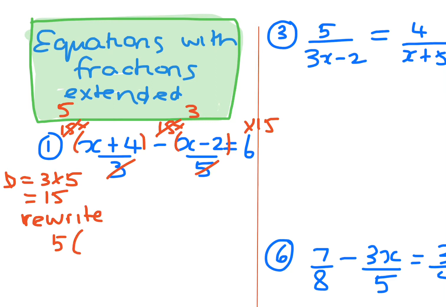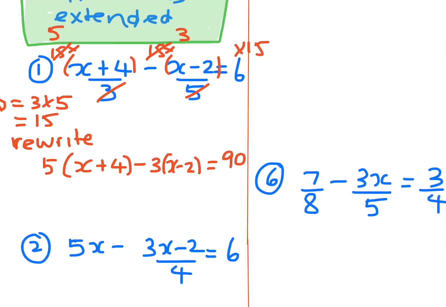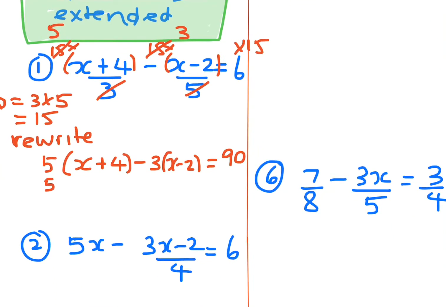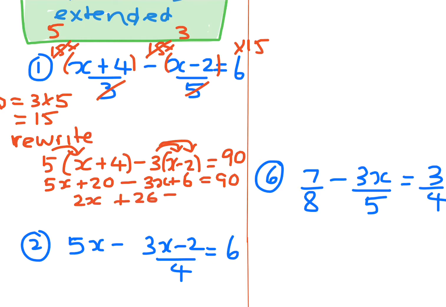So if you rewrite the equation, you have 5, then you have x plus 4, don't expand it yet, 3, x minus 2, 6 15s will be 90. And then you just have to go ahead and solve that equation. So that'll be 5x plus 20 minus 3x plus 6 equals 90. 5x minus 3x is 2x. 20 plus 6 is 26. 2x plus 26 equals 90.